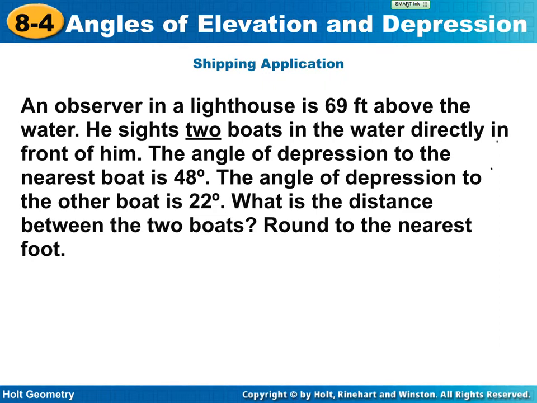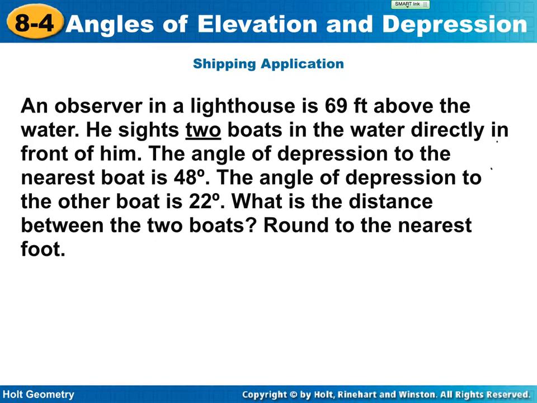The question asks, what's the distance between the two boats? Well, you can find that simply by subtracting how far the second boat is, 170.78, minus the distance that the first boat is out. That was 62.13.